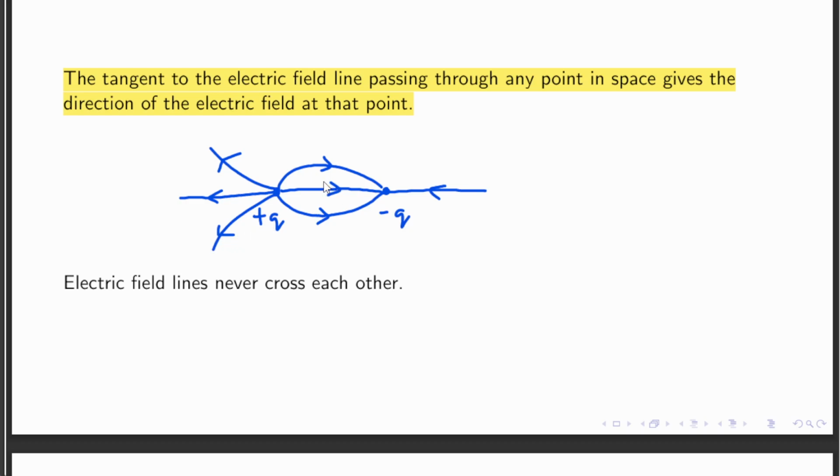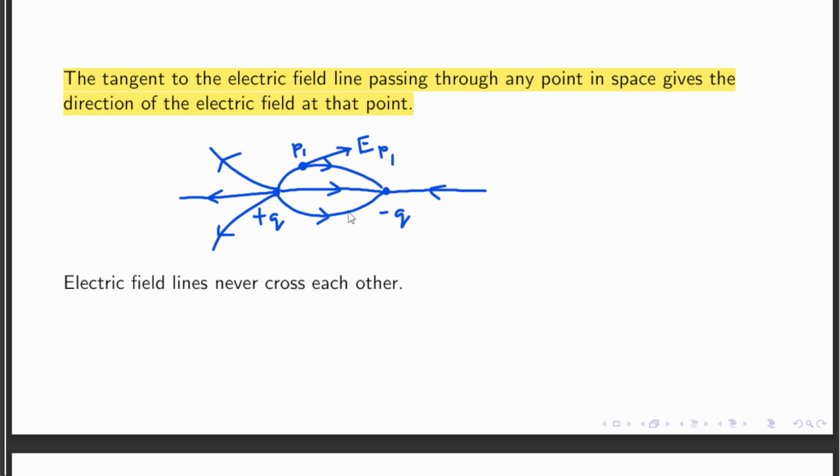Let's say I want to find out what is the electric field at this point in space. Property 3 states, if you draw a tangent to this field line, this is the direction of field at point P1.